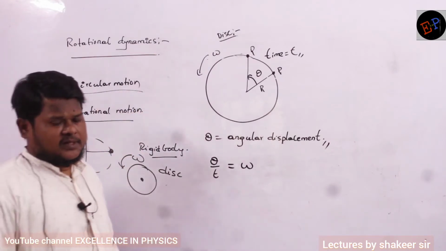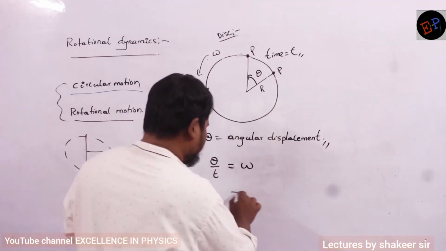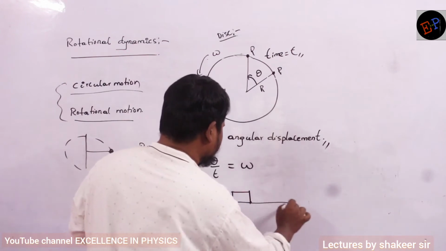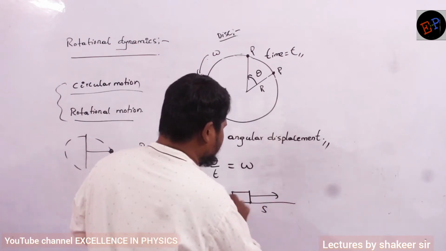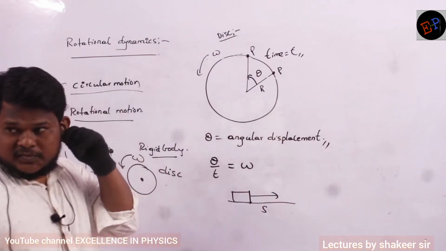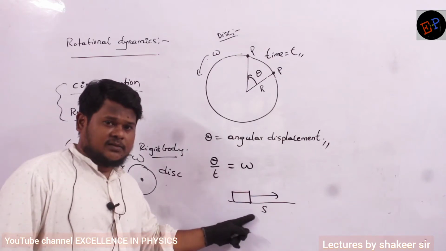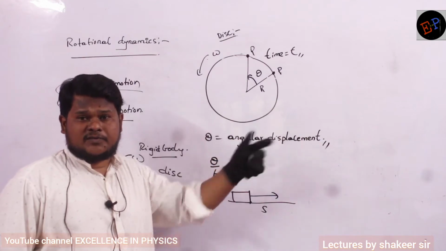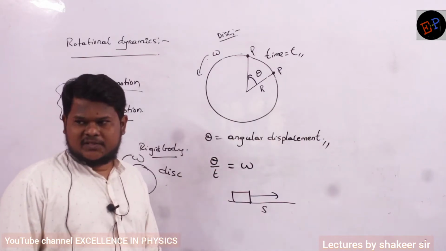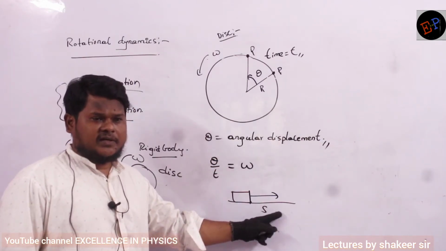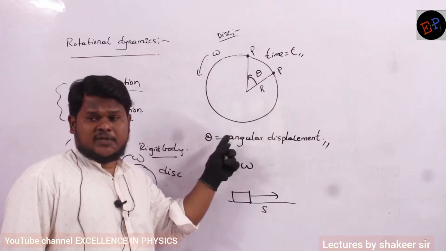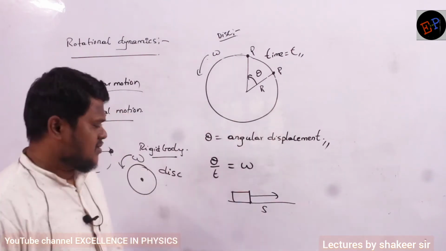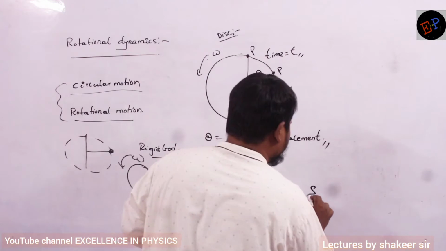In linear motion, for example, this is a point mass and it has covered a displacement of s. Here s is displacement, and theta is angular displacement. Displacement in linear motion, angular displacement in rotational motion.